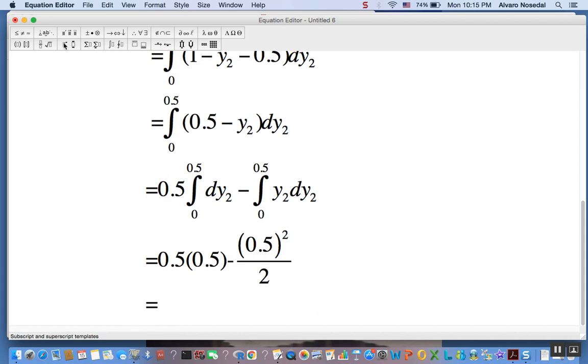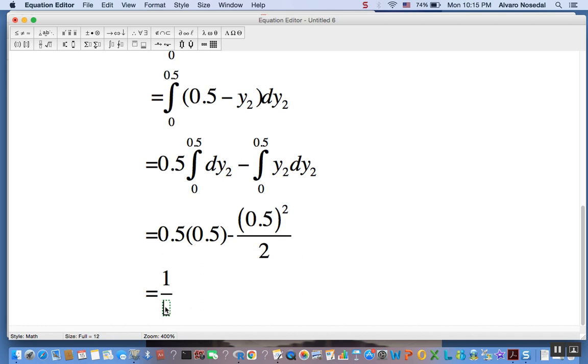That's 1/2 times 1/2, which is just 1/4. And 0.5 squared is 1/4, times 1/2 is 1/8.